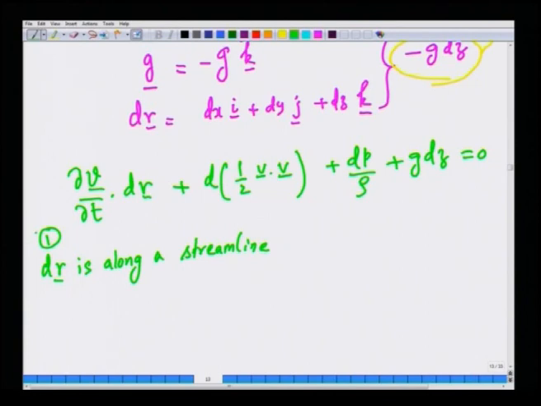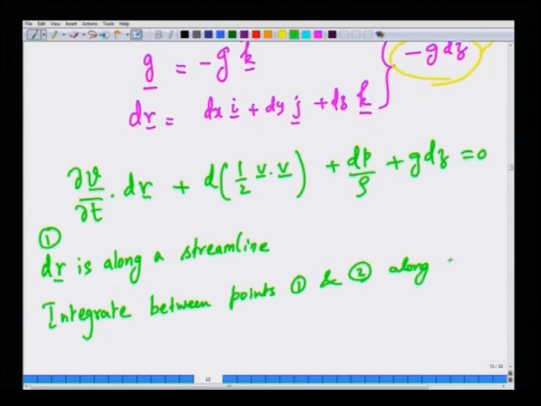If dr is along a streamline and I integrate the above equation between points 1 and 2 along the same streamline, along a given streamline.